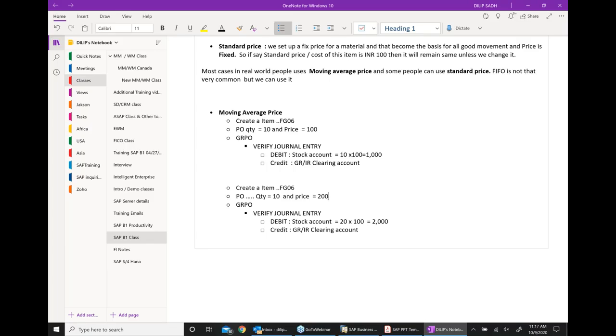So this becomes 10 into 100, $1,000. This is quantity 10, my price went up. So my stock account is debited with $2,000.